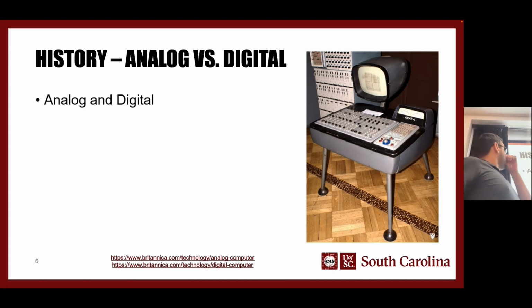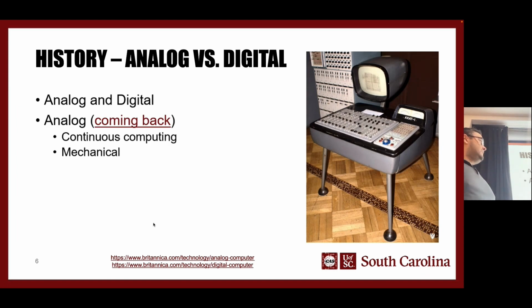All right, so another thing about analog versus digital. You have two types of computing, well, three now with quantum computing. You have analog and digital, kind of the foundation. Analog is kind of where it started. For a long time, it was kind of archaic. People thought analog computing was never going anywhere.